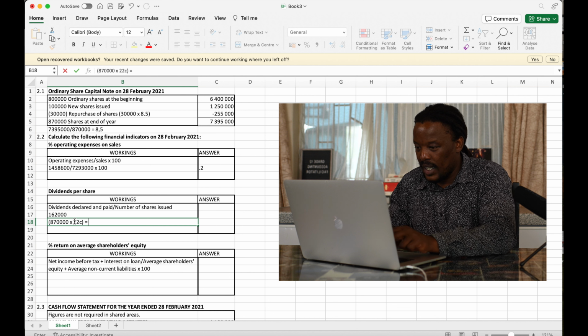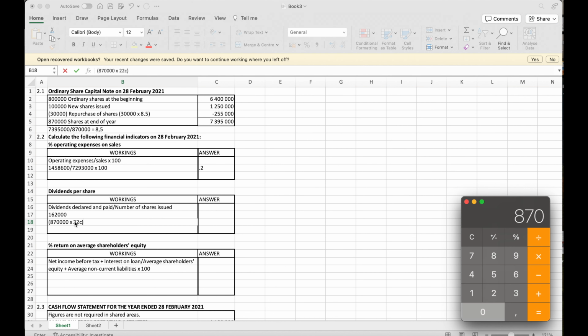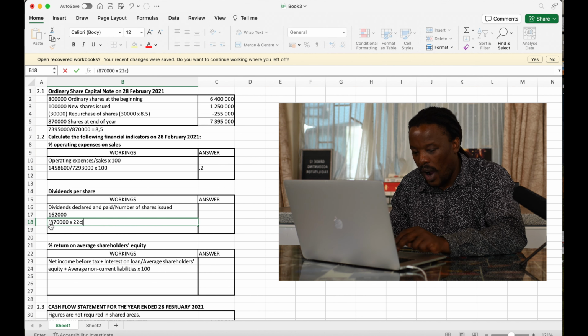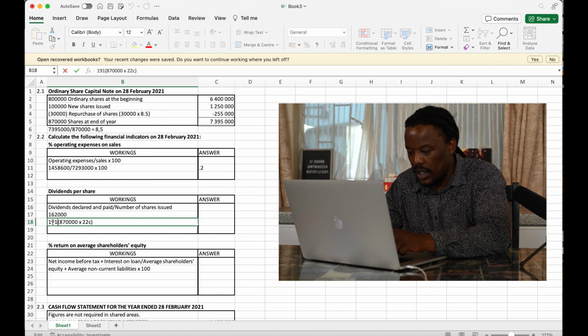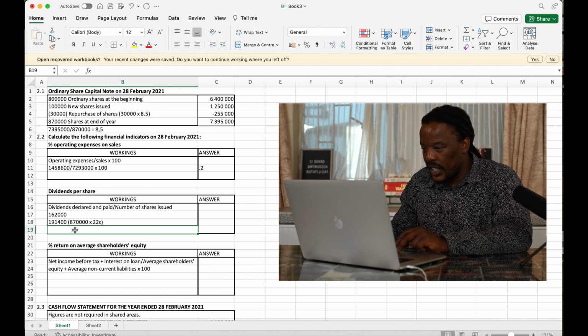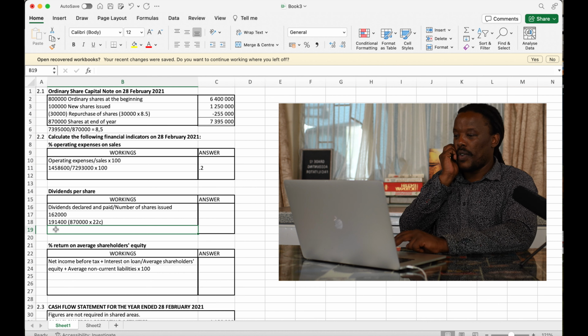How much do you get? 870,000 multiplied by 22 cents, divided by 100 all the time, is 191,400. So the total here, this plus this, equals the total dividends for the year.